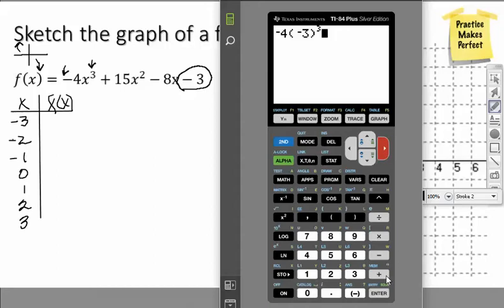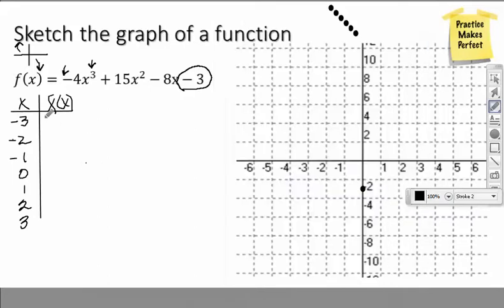Then plus 15. I'm going to replace that x with -3. And that's squared. Then I'm going to say -8. Replace that x with a -3. And that's linear, so I don't do anything with it. And then I say -3, and I hit enter. And I get 264. So let me write that down.